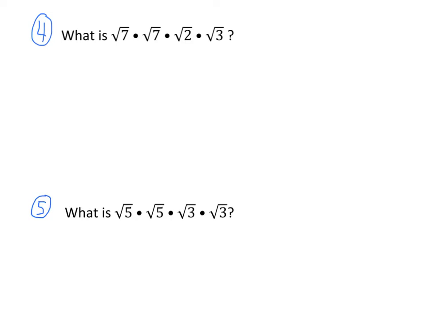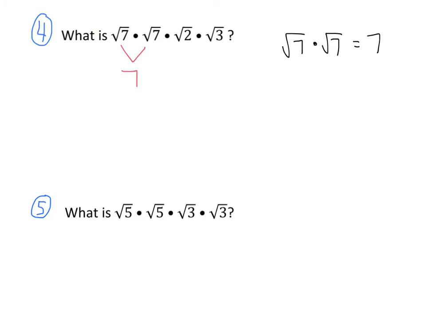But thinking about the definition of what a square root is helps us answer this. Do we know what the square root of 7 is? It's some decimal, I don't know what it is. But what I do know is that, by definition, the square root of 7 times the square root of 7 has to be 7. So right away I know that the square root of 7 times the square root of 7 is 7.